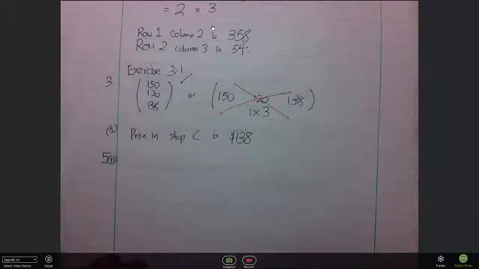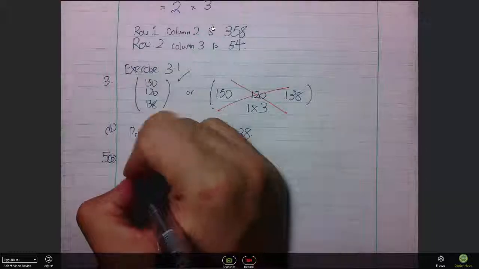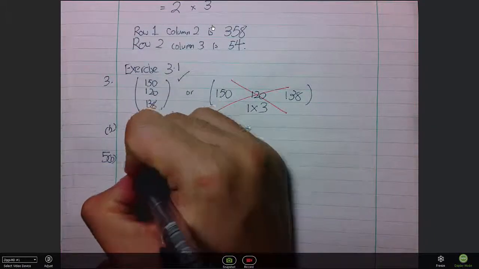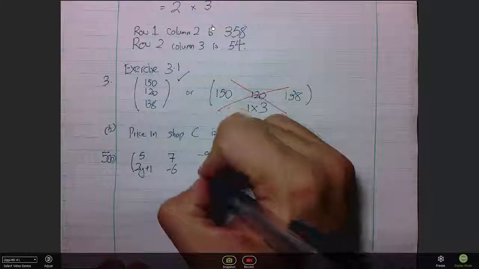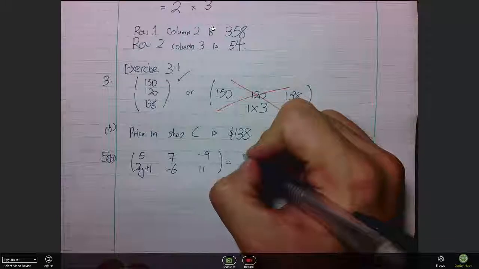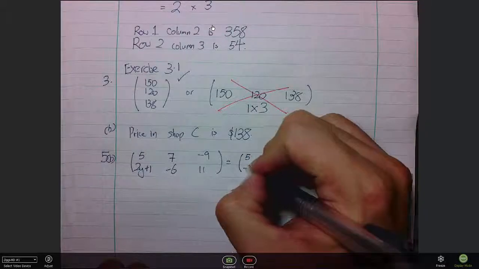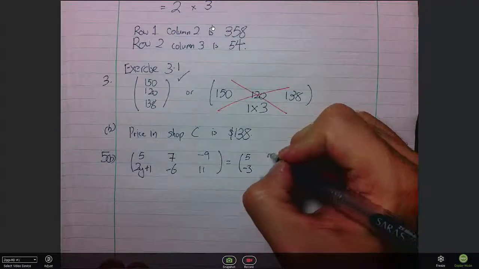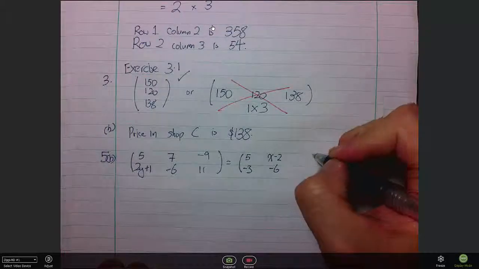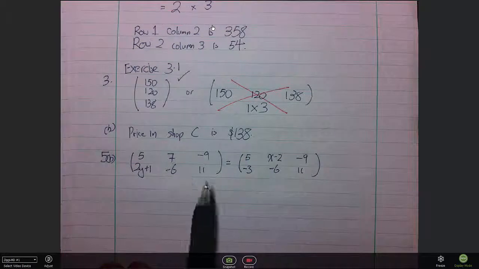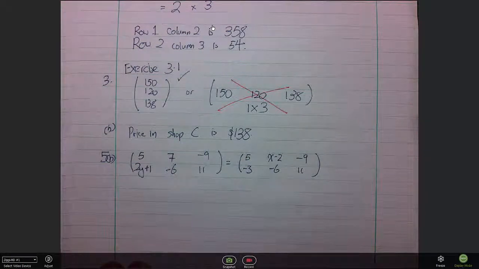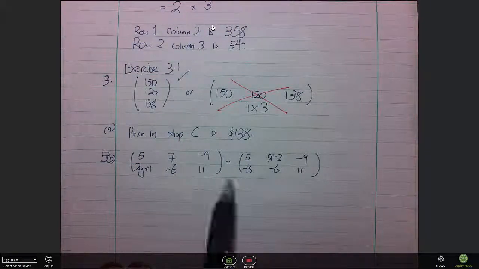Okay, 5B, it works like this. Then let me copy down the question. These two matrices, 2 by 3, 2 by 3, are known as equal matrices because they are equated.